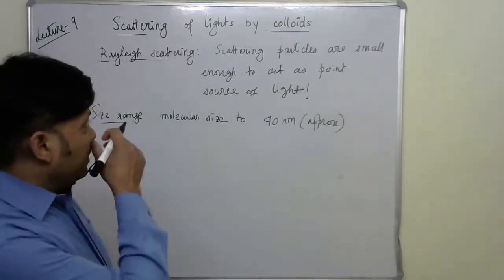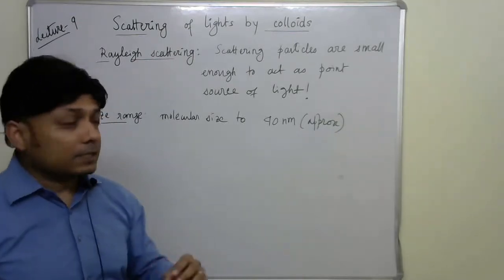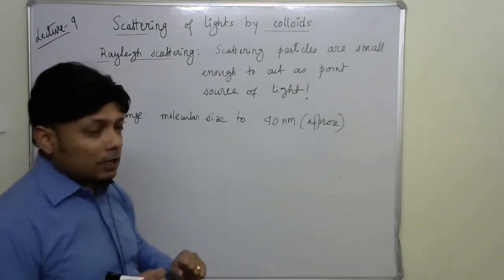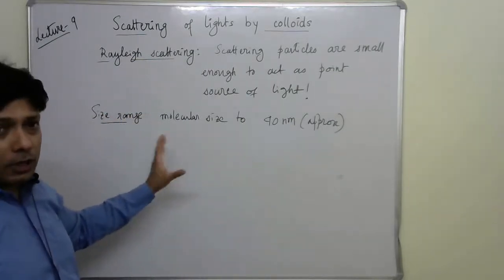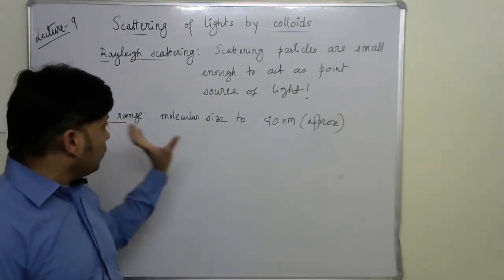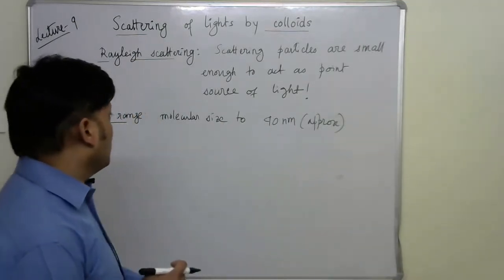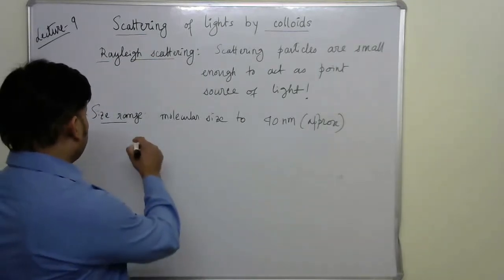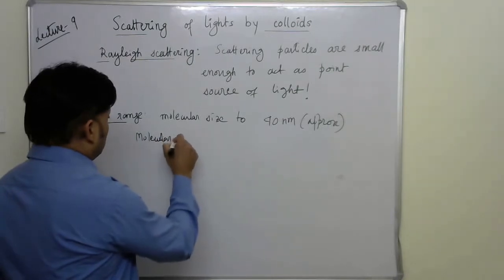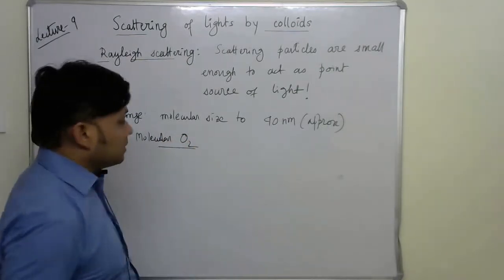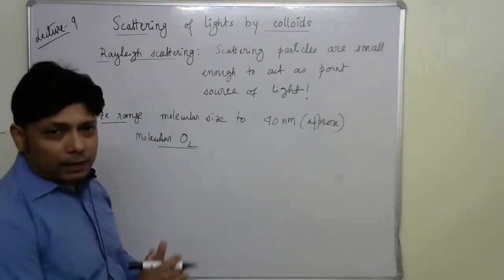In Rayleigh scattering, the scattering particles are small enough to act as a point source of light. So what is the size range for particles to show Rayleigh scattering? Basically from molecular size to approximately 40 nanometers. As an example, we can think about molecular oxygen. Molecular oxygen scatters light, and the scattering is of the Rayleigh type.